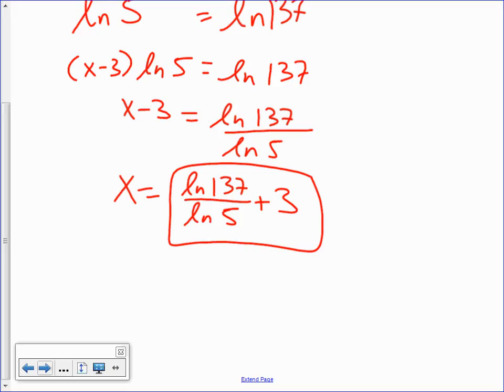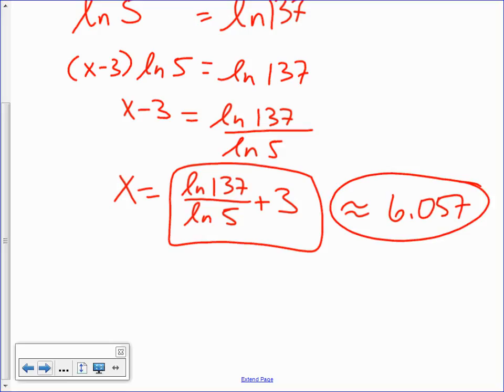Paper 1. Paper 2, type it in your calculator. 6.057. So 6.057 for paper 2, and the log form for paper 1. Either one of these answers will work.